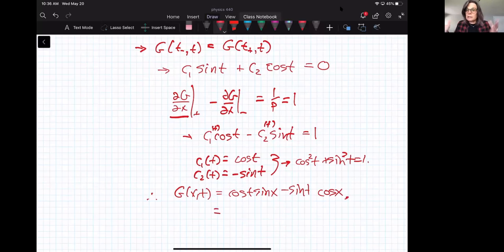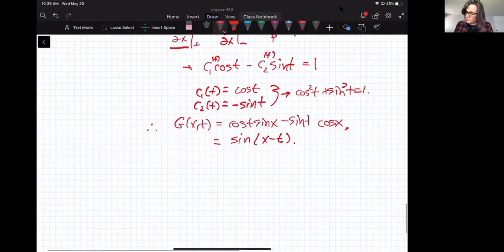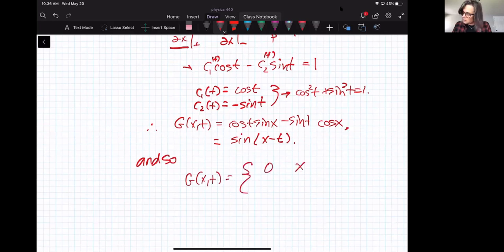You can certainly leave it like this, but it is a little easier to combine that as sine of x minus t. And so we have g of x,t equal to 0 on the minus side, and sine of x minus t for x greater than t.